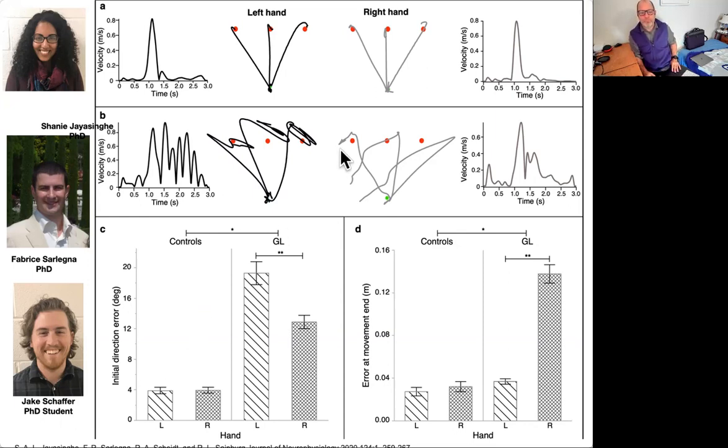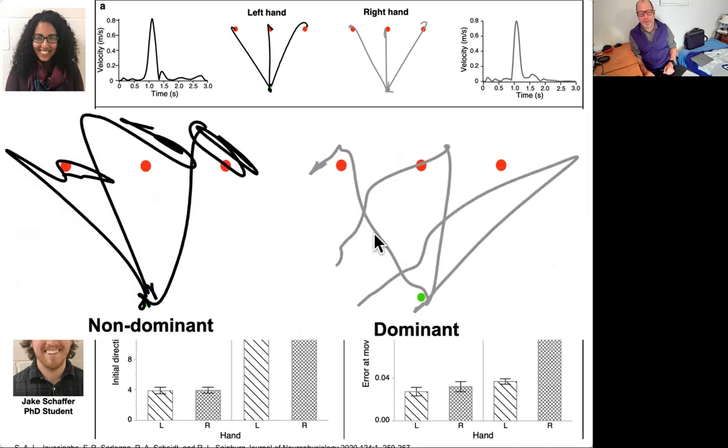Anyhow, this set of data, when you study something and you're basically not convinced by your own results, you're wondering how much am I biasing my data because I'm looking for things after a while. This one blew me away. This is what we found. Here are the left-hand paths, here are the right-hand paths.